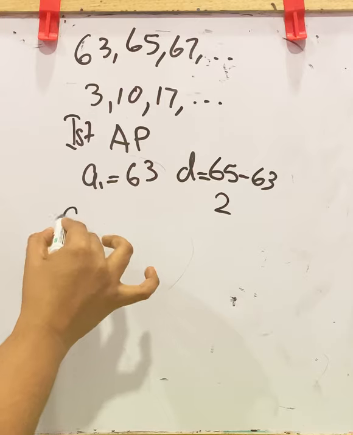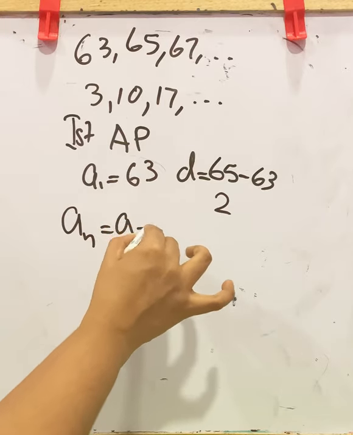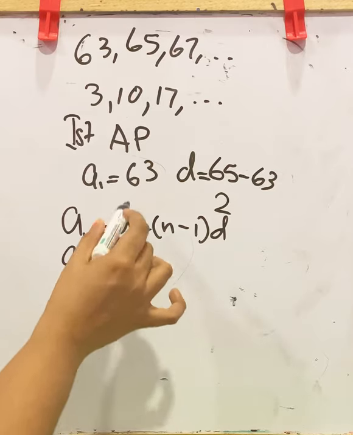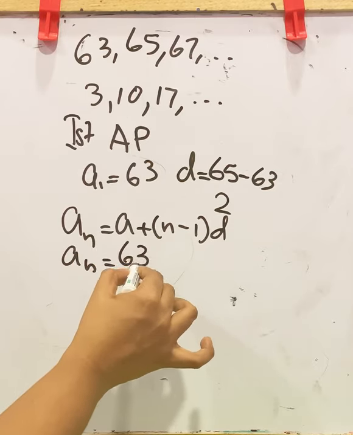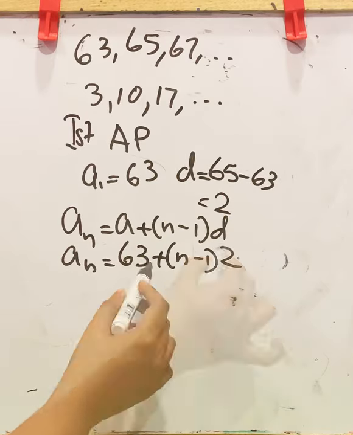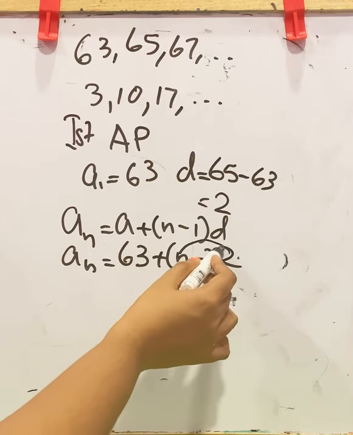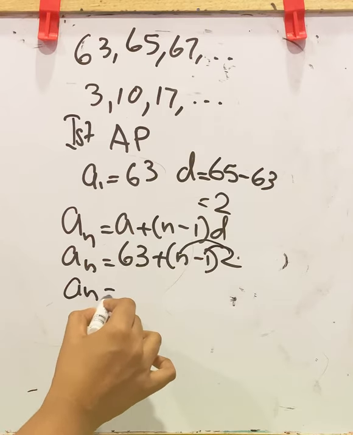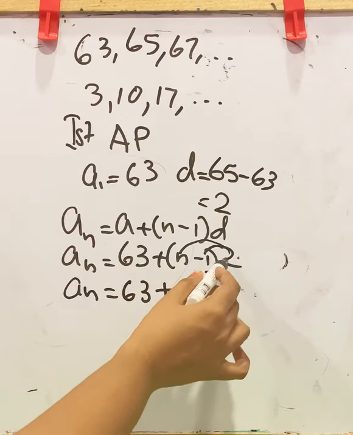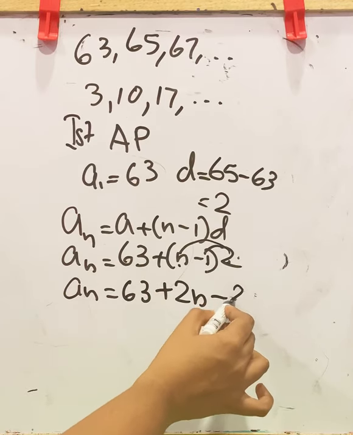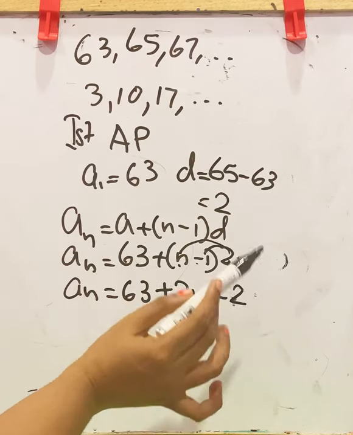So we are writing an equals a plus n minus 1 into d, that is an equals 63 plus n minus 1 into 2. Let us distribute this 2 to the two terms inside the bracket. So it becomes an equals 63 plus 2n minus 2 into 1, 2. Negative 1 into 2 is negative 2.